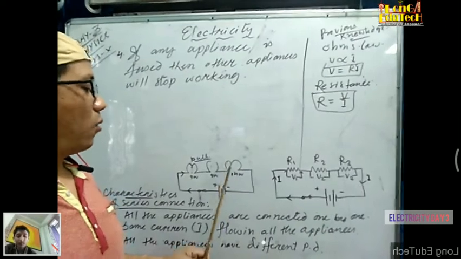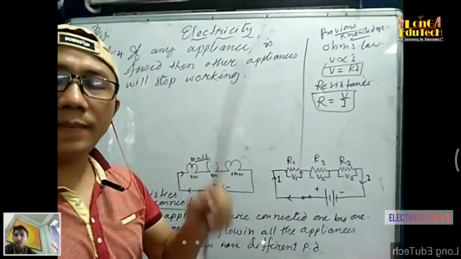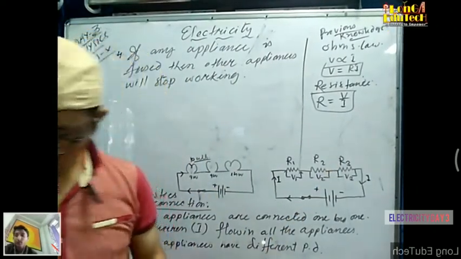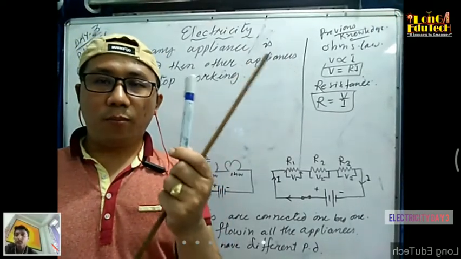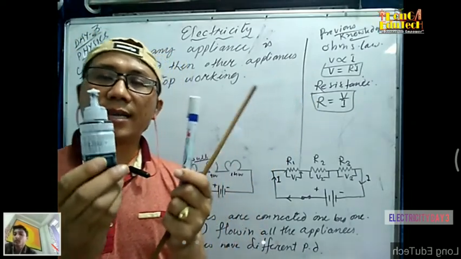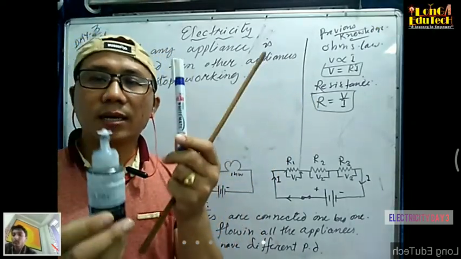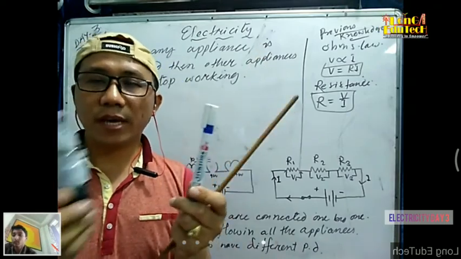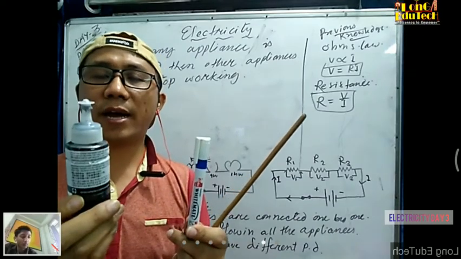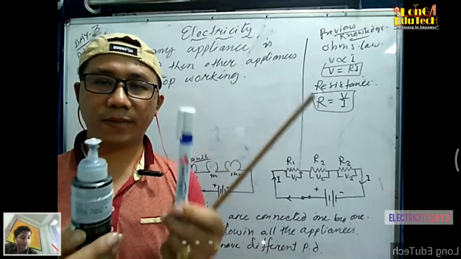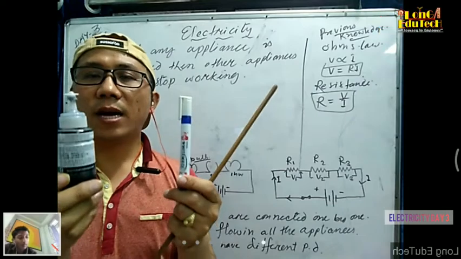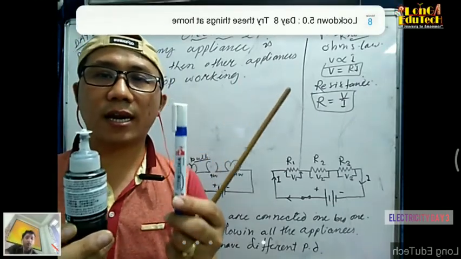So all these appliances used to work at different voltage only. तो हम इधर में 9 वाट का एक बल्ब इस्तेमाल करेगा और इधर में 14 वाट का बल्ब इस्तेमाल करते समय वो लोग अलग अलग वोल्टेज में काम करता है, क्योंकि उसमें कंज्यूम करने वाला पावर अलग अलग है, 9 और 14 वाट में। तो वो लोग का पावर कितना कंज्यूम करना है उसके हिसाब से वो अलग अलग वोल्टेज में काम करता है.